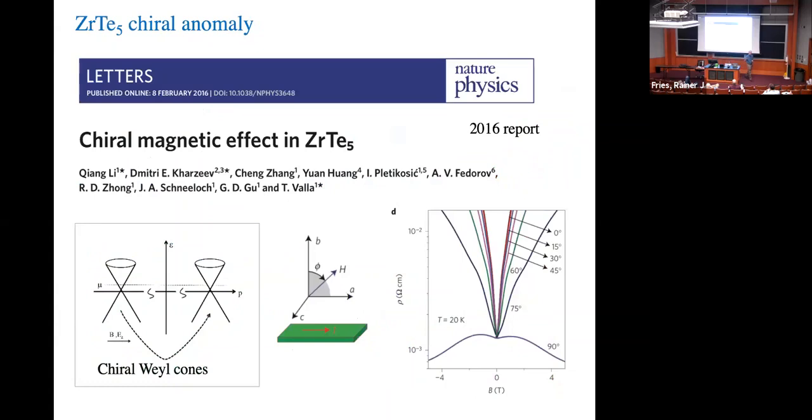One that got a lot of attention was the chiral anomaly or chiral magnetic effect observed in this system. The chiral anomaly is something in particle generation that gives you an imbalance between particle types.